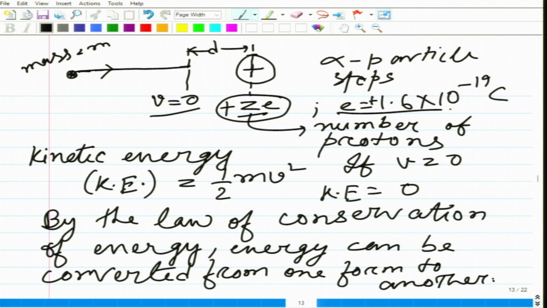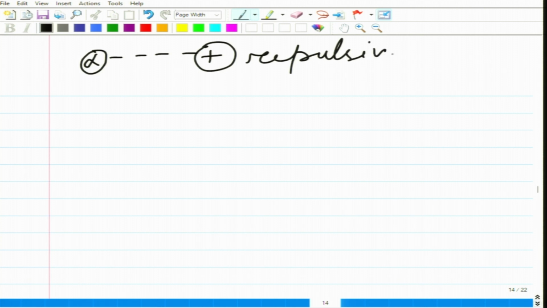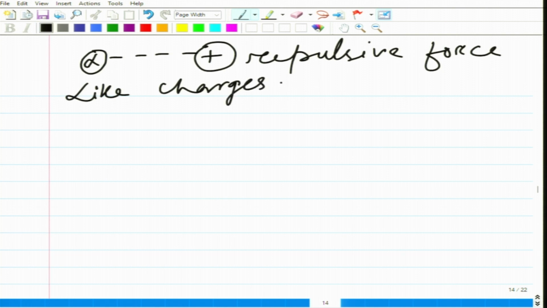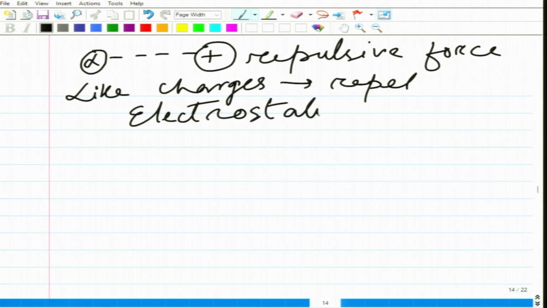So here, if kinetic energy is 0, then what is the force that is acting between the alpha particle and the nucleus? That is the repulsive force, right? What is this repulsive force? Since they are like charges, they repel. This repulsive force is actually electrostatic force.